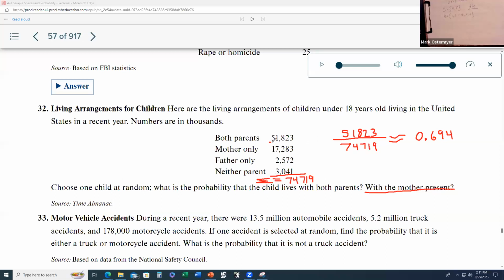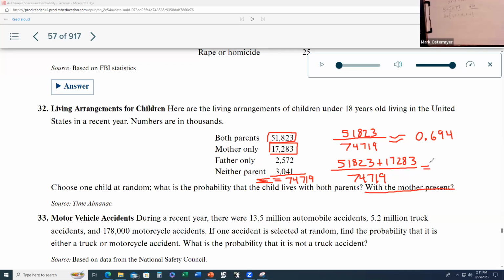You agree that would involve both parents, since the mother would be present, and also, ladies and gentlemen, the mother only. You'd have to add both these numbers together. You're going to have to add 51,823 to 17,283. And then you have to divide all that by what? 74,719. That's going to be your answer.